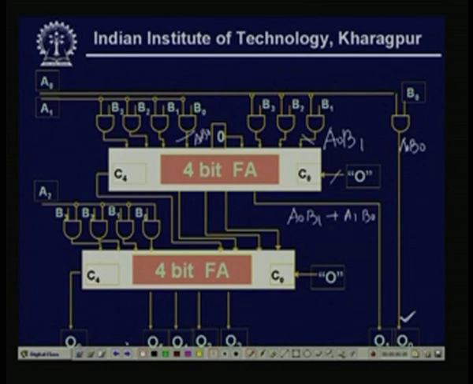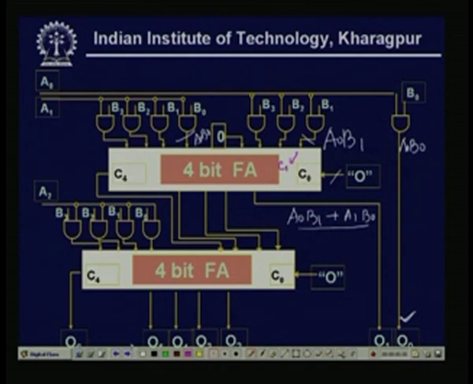Now, as it is a full adder, the carry of this sum is propagated to the second bit. So, now there is one carry, say C1.